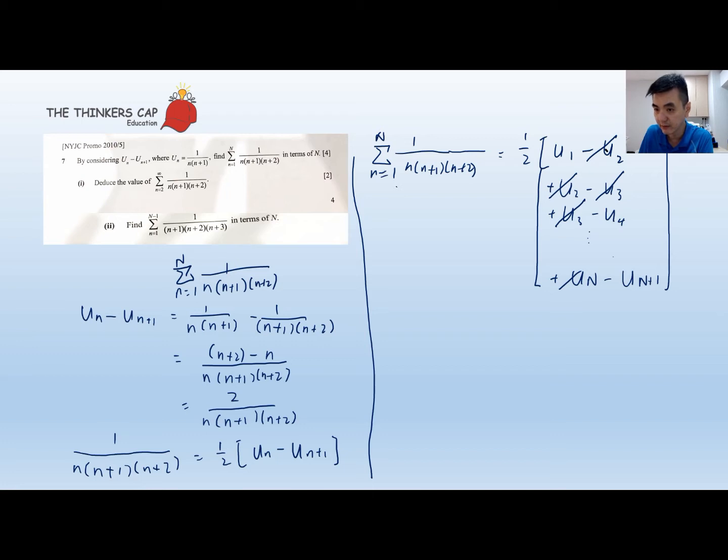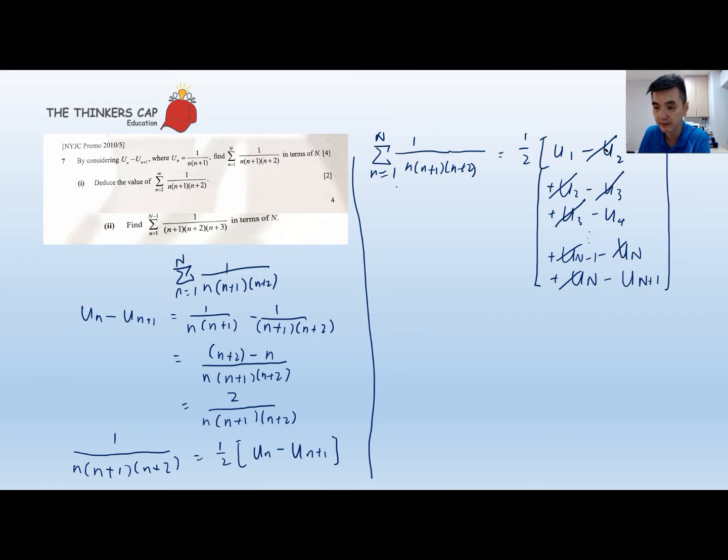You expect to see another line here, so for the sake of clarity, I'm going to write this line, un-1 minus un, and this term actually will get cancelled out as well. So whatever is left is u1 and minus un+1.